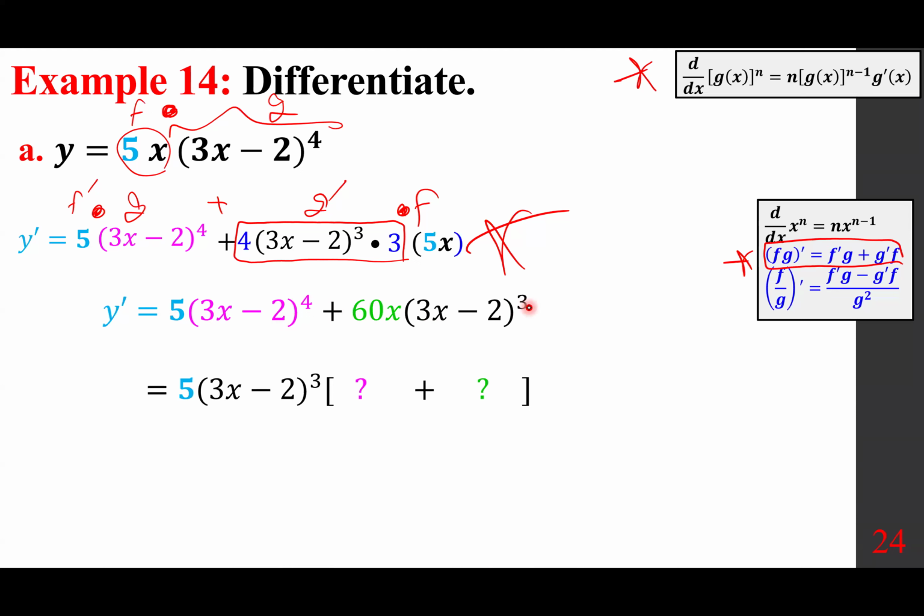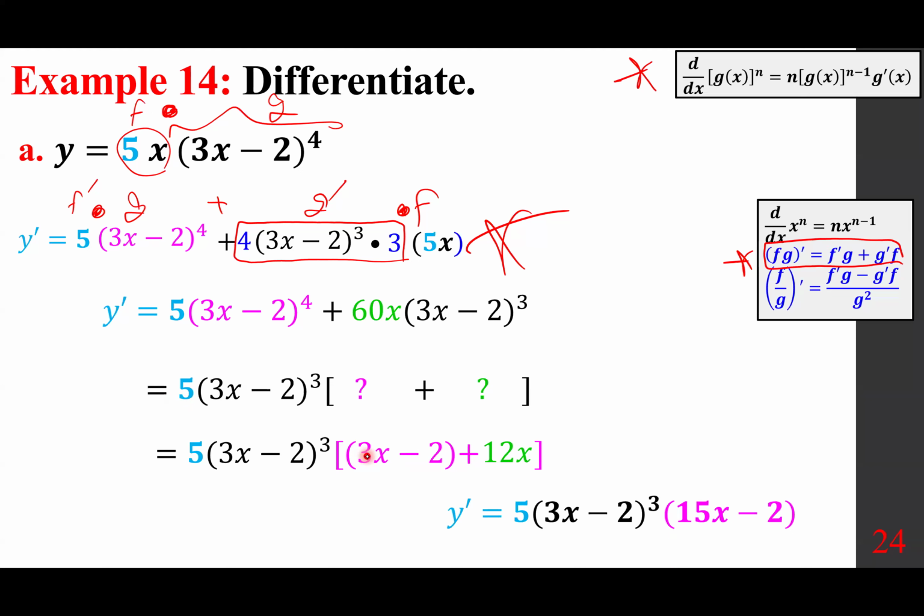So if you divide this one by this one, it just gives you 3x minus 2. If you divide this one by this one, this goes away. 60x divided by 5 gives you 12x. 12 and 3 add up to 15x.